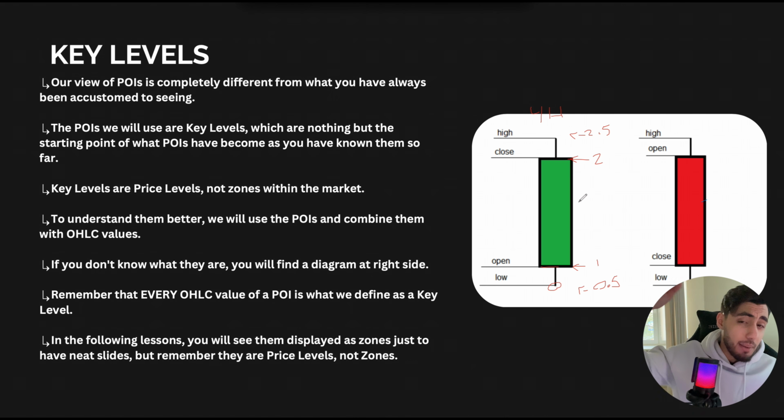After price taps the 2.5 area, 2.5 is the maximum level that price goes to, and it starts to drop and closes at 2. So these wicks or shadows mean the high and the low, the maximum levels of the price that price touched on this candle.